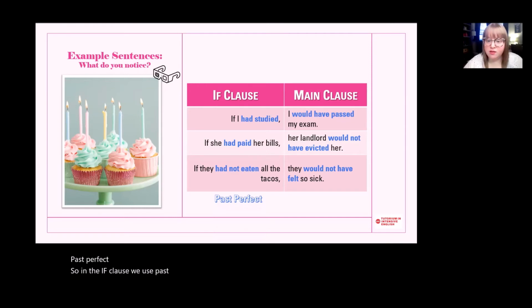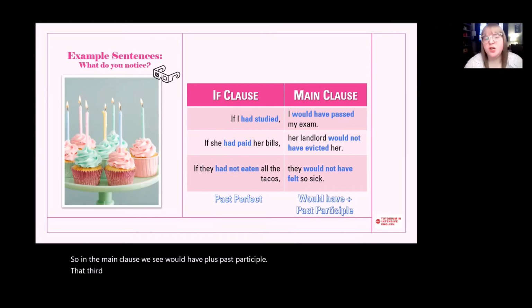In the main clause, we see would have passed, would not have evicted, would not have felt. So in the main clause, we see would have plus past participle, that third form, the same form that we're using in past perfect, present perfect.